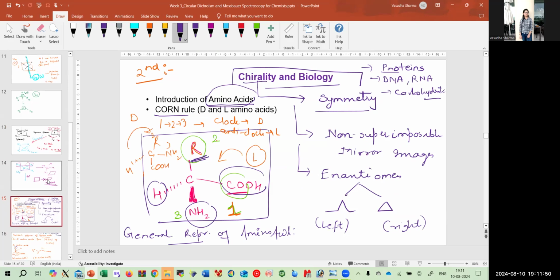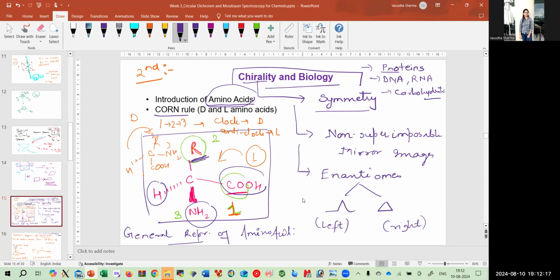So here we introduced the amino acid, which we have already done. This is the basic structure on the left side, and following the CIP rule, going from carboxylic acid to the R group and to the amine group, if it follows a clockwise rotation, then it is a D amino acid, and if it goes to the left side, anti-clockwise, it is an L amino acid.